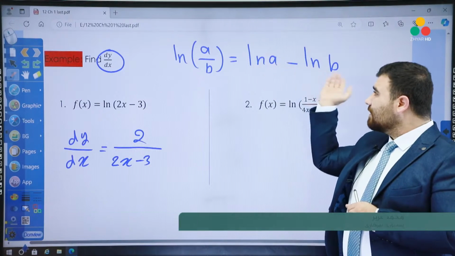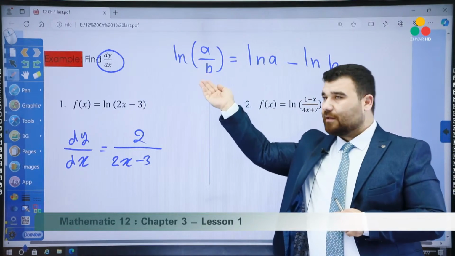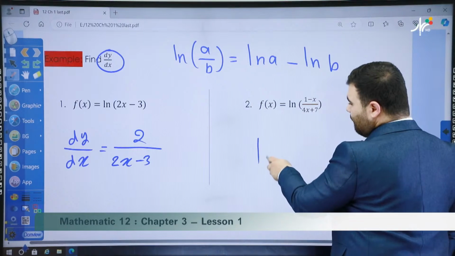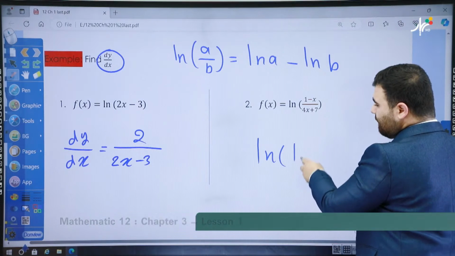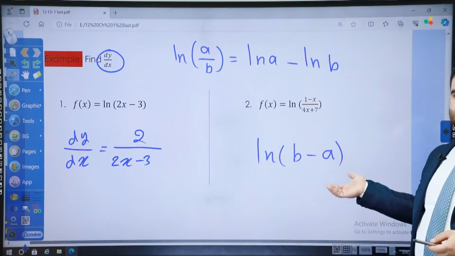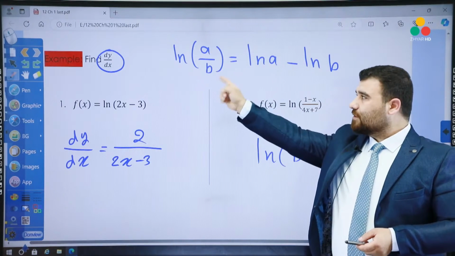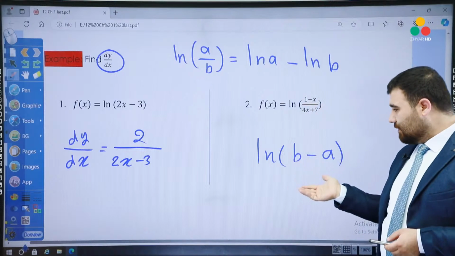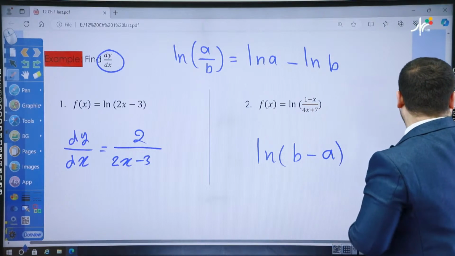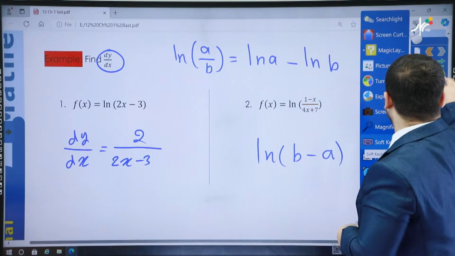And if you have two different lns with minus between them, we can make it one ln with division. Don't confuse this property with ln of b minus a. If we have b minus a inside ln, this will not be division. This rule is not reversible. It's only one way. If you have division, it becomes minus. But if you have minus, it cannot be simplified. Don't mix this.